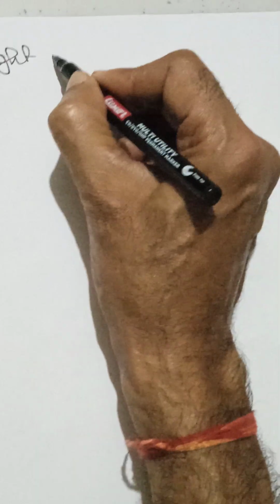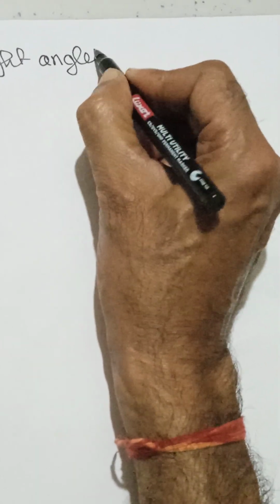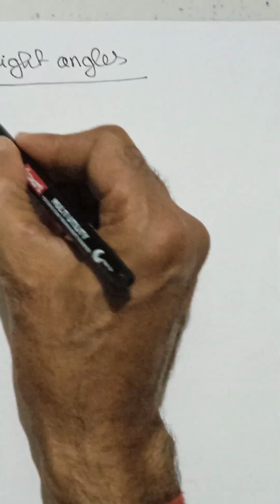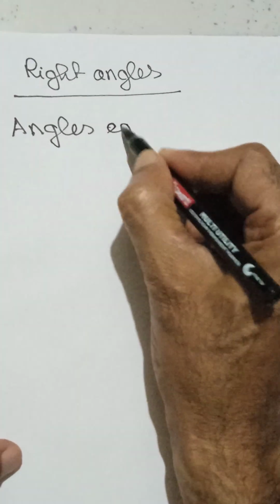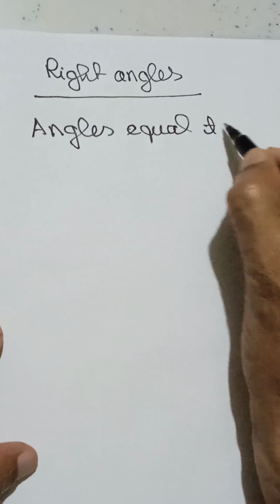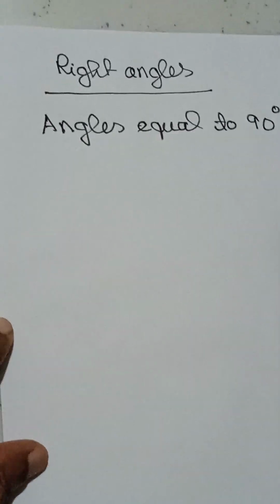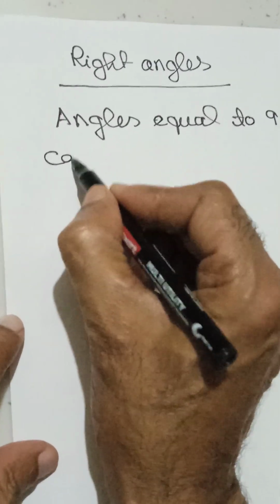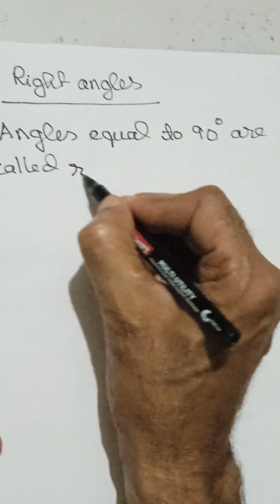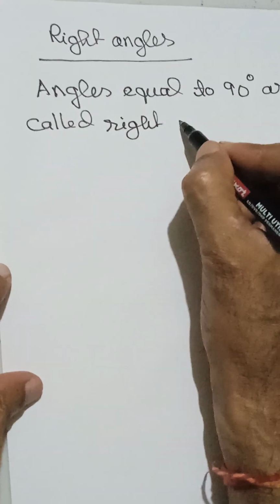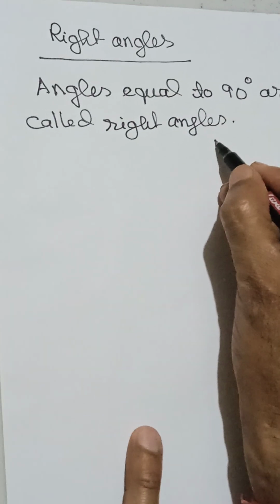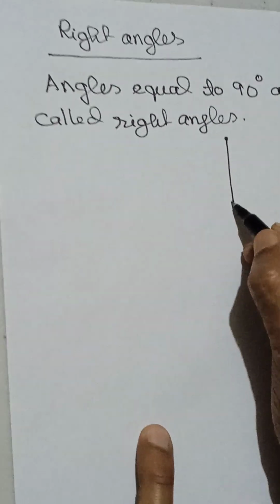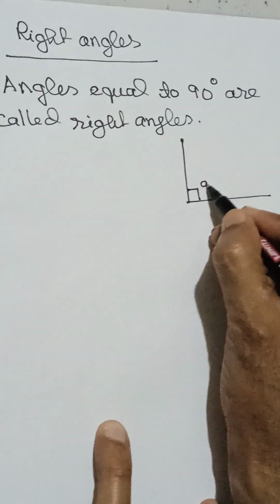Now see right angles. Angles equal to 90 degrees are called right angles. And its figure will be like this. Suppose we draw like this. It is 90 degrees.